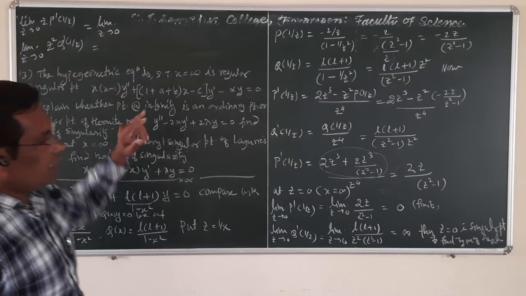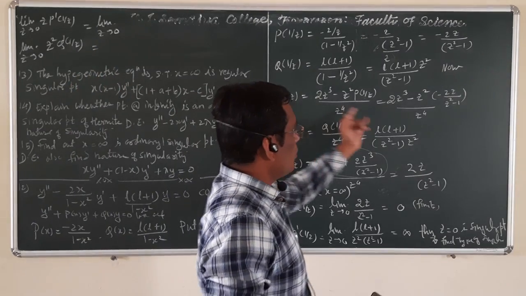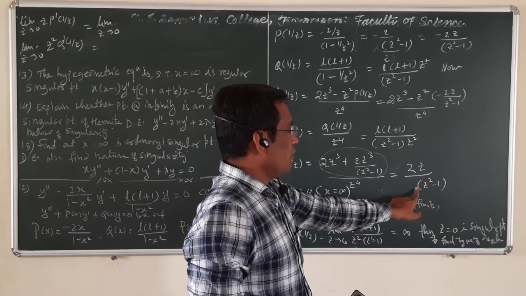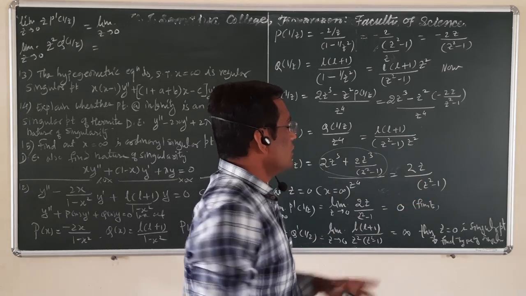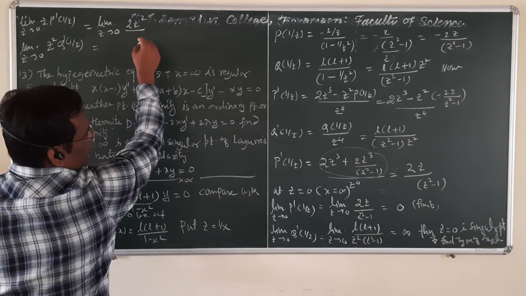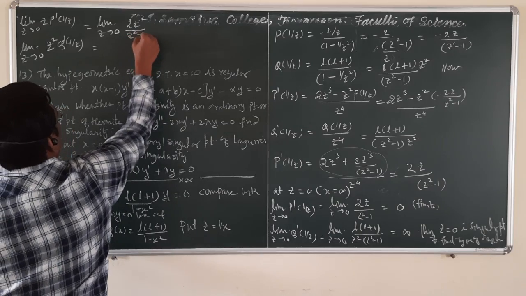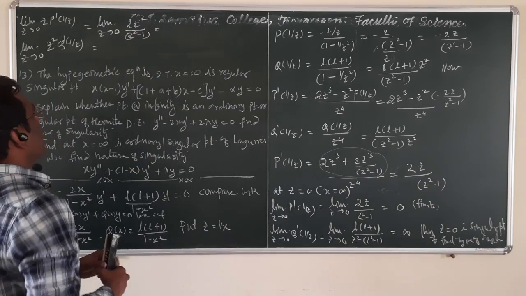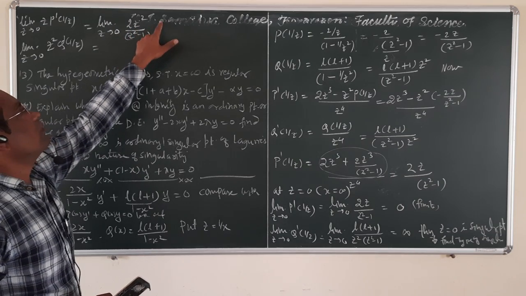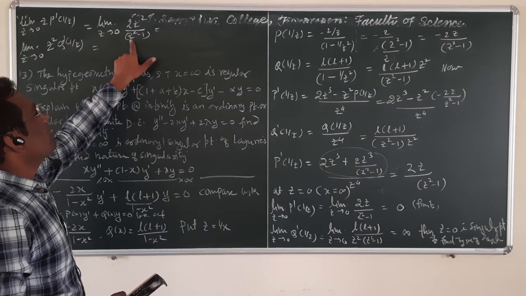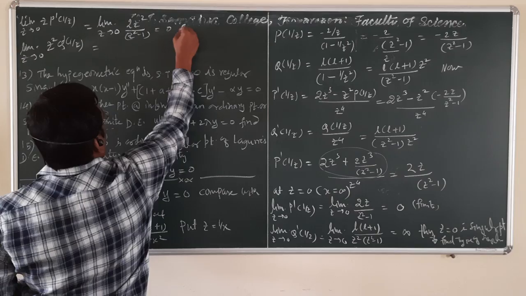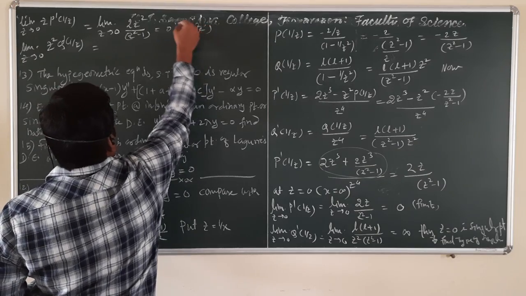So z multiplied by p dash 1 upon z. P dash 1 upon z is this. If you multiply this with z, that will become 2z square divided by z square minus 1. If you put the value z is equal to 0 here, 2 into 0, in the numerator we have 0 divided by minus 1. So 0 divided by minus 1 is 0, and that is nothing but finite.